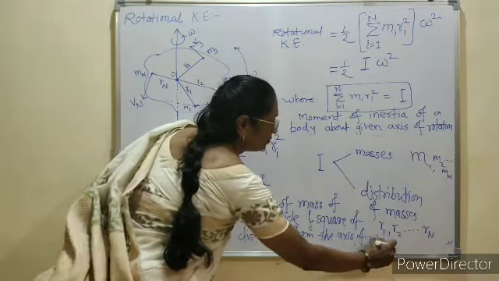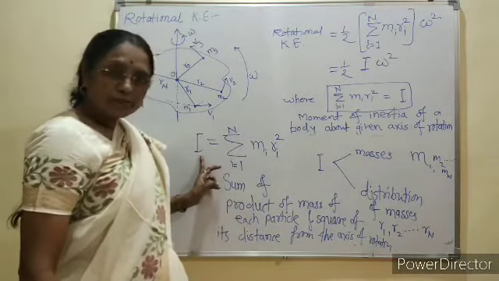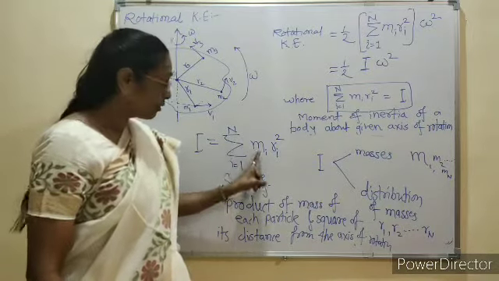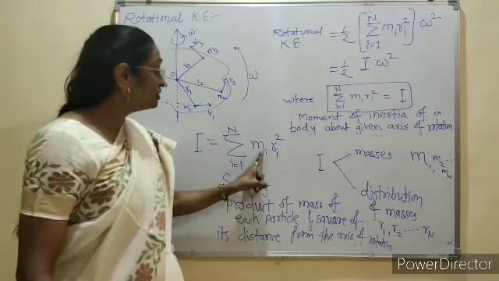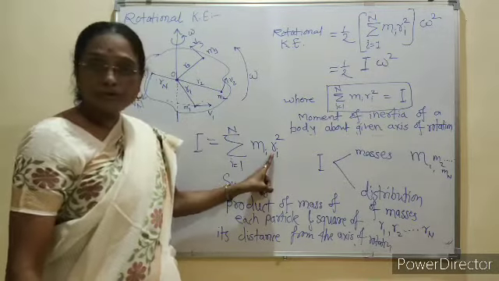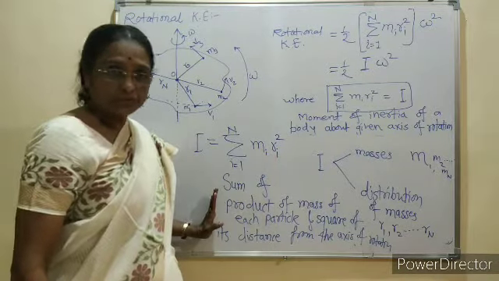So this is the simple definition. Moment of inertia is defined as the sum of products of the mass of each particle and the square of its distance from the axis of rotation.